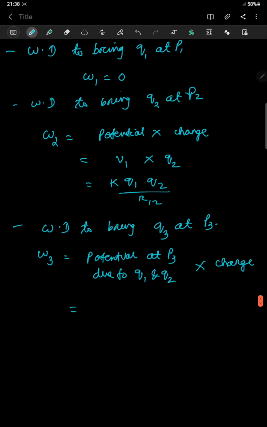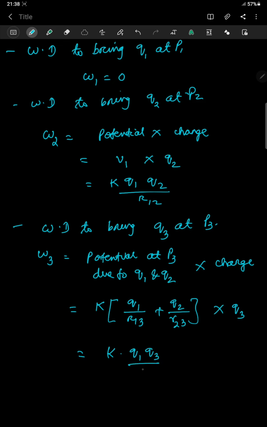The potential at P3 due to Q1 and Q2 will be K, taking common, Q1 divided by R13 plus Q2 divided by R23, into the charge Q3. If I expand it, I get K, taking K as common, Q1 Q3 divided by R13 plus Q2 Q3 divided by R23. So this is the work done to bring the charge Q3 to position P3.